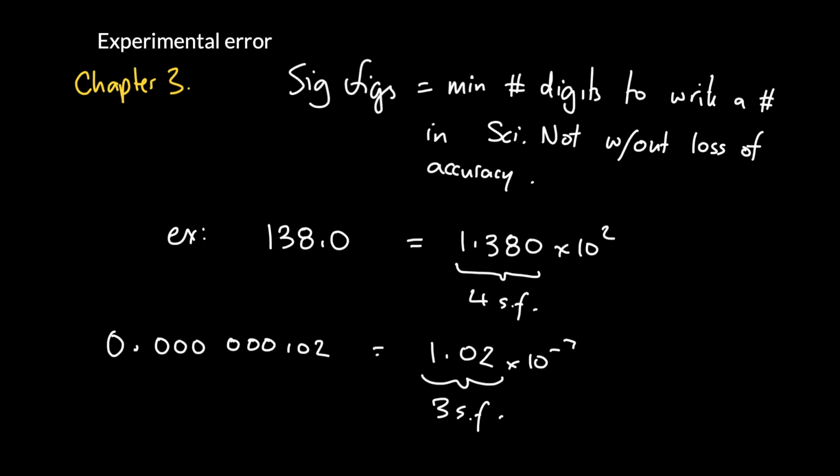Now, there are some rules when counting significant figures. If I go to a new slide, I can go over them. We can review the rules of significant figures. Basically, any non-zero digit counts. Any captive zero counts.